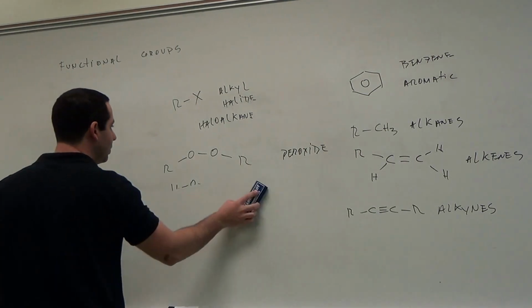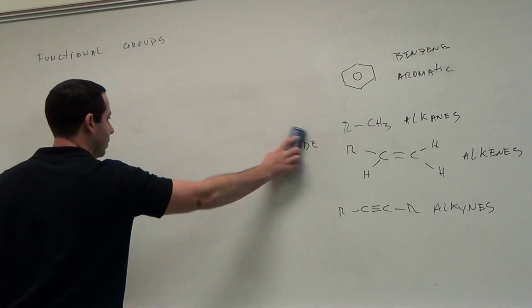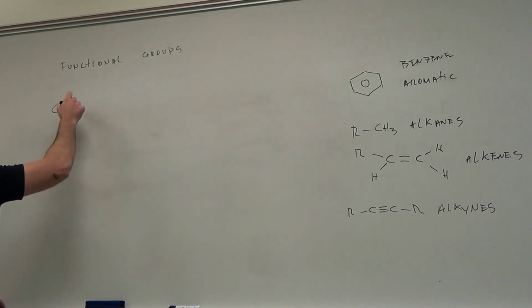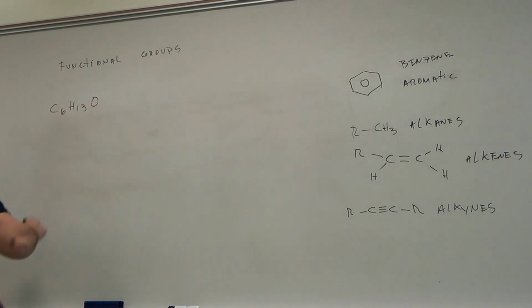Now, we were doing constitutional isomers last class for things that had only carbons and hydrogens. They were constitutional isomers for alkanes. But if we have oxygens or any other group, we can also have constitutional isomers. Like for example that.